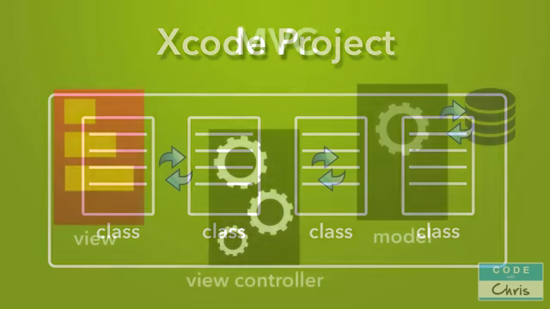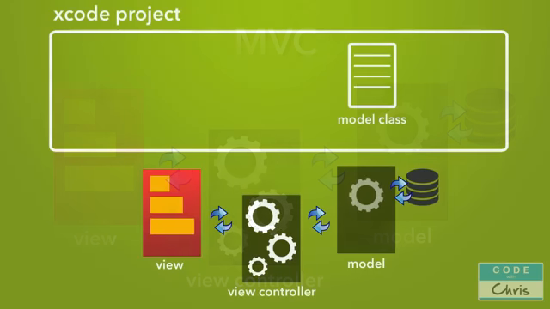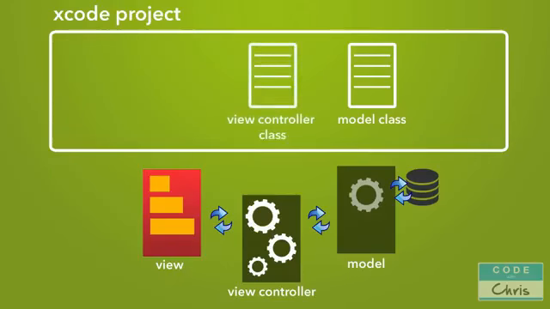For example, in that MVC diagram I showed you before describing the various components of an app, the behavior of the model will be described by a class, the view controller is described by a class, and the view as well. In each of those classes, we write code to give it instructions on what to do and how to act. So in the view controller class, I might write some code to tell it to ask the model for the data and then display it to the view.